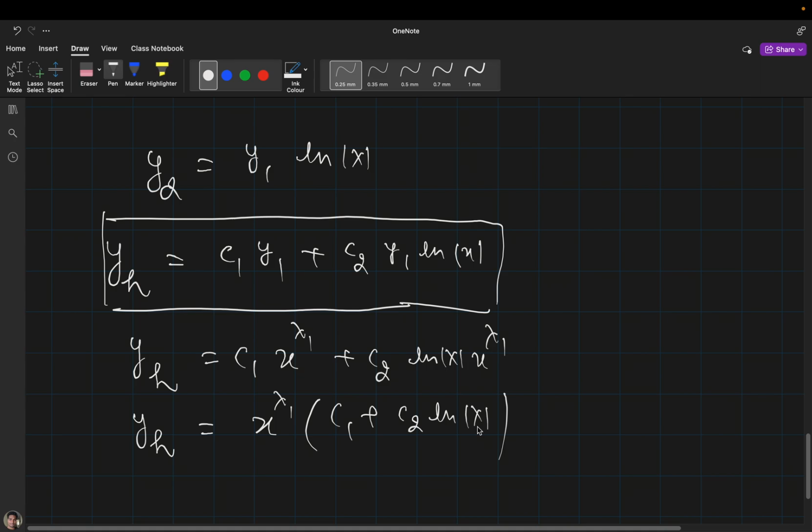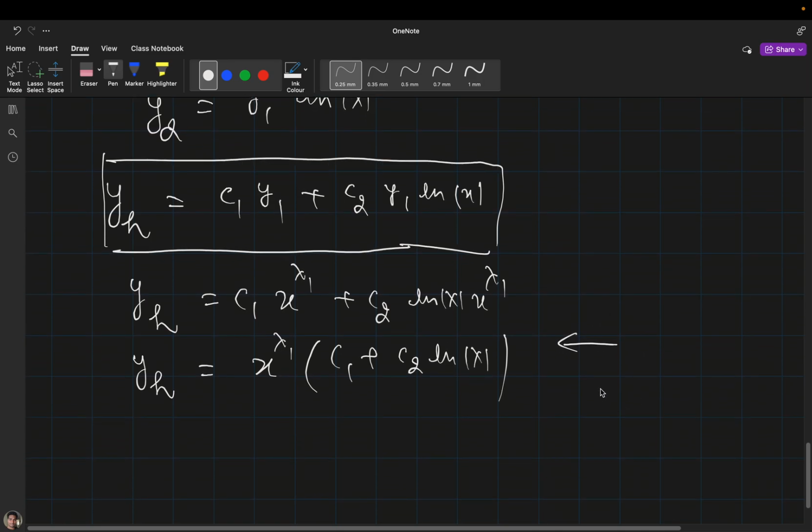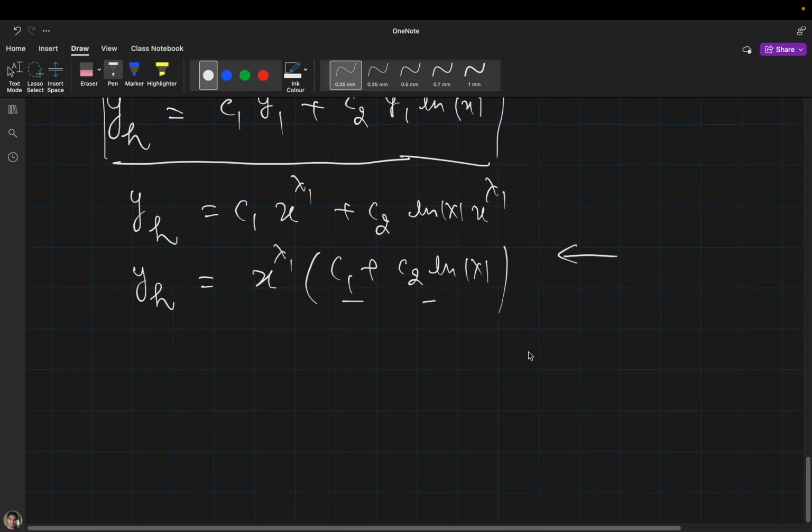This is the solution of the homogeneous part. It is a generalized equation. This is the family of solutions. If you have a boundary condition or initial condition, you can get c1 and c2 also. That will be a particular solution. But yes, it is a family of solutions.